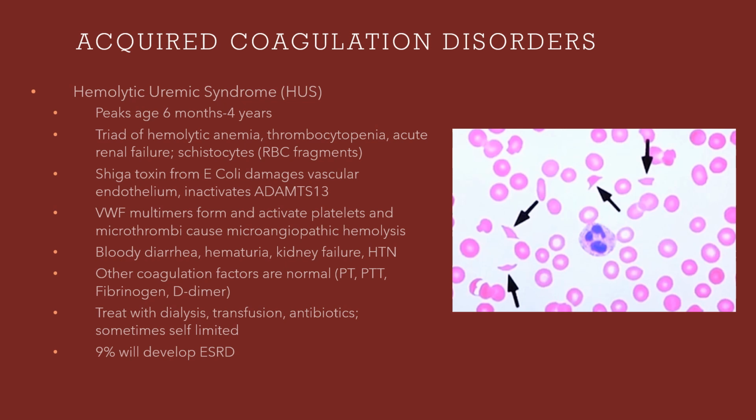This occurs because the Shiga toxin from E. coli damages the vascular endothelium, and then that inactivates the ADAMTS13 enzyme, which causes problems for platelets. Von Willebrand factor multimers form and then start activating platelets, and then the microthrombi cause microangiopathic hemolysis.